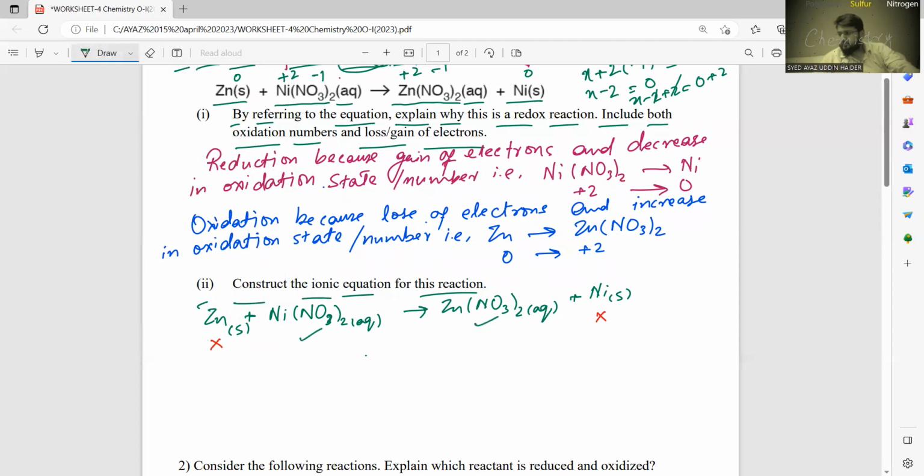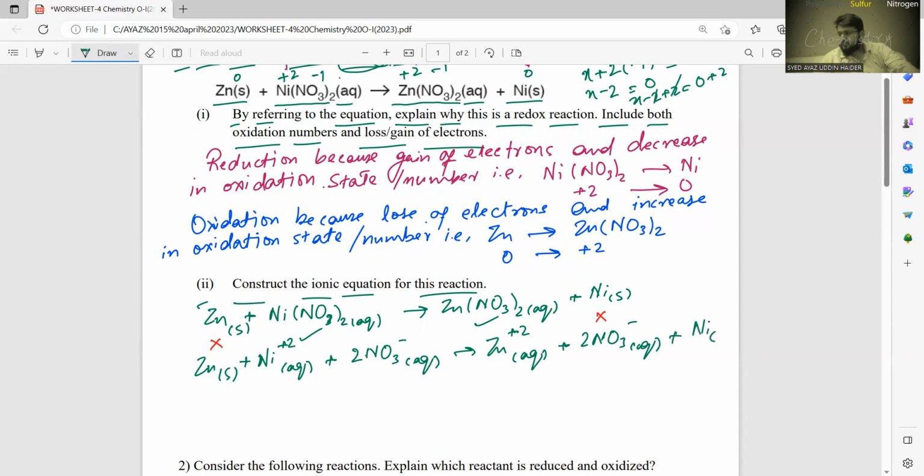So for Ni(NO3)2, I will write Ni 2+ aqueous plus 2NO3- aqueous gives Zn 2+ aqueous plus 2NO3- aqueous. Here I will write Zn on the reactant side plus on the product side we have Ni.